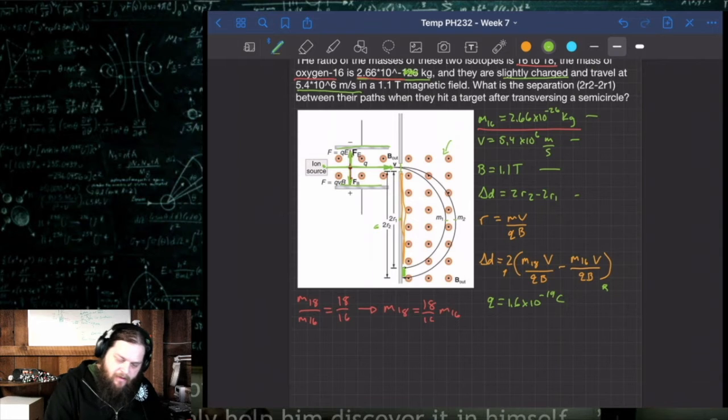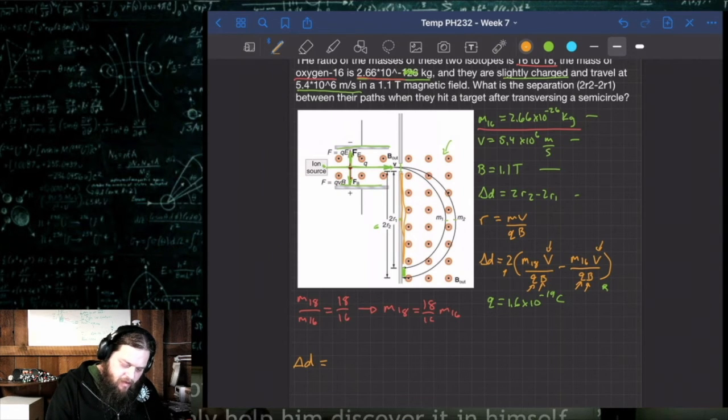I'm going to factor out a few things. Let's write it again below. So delta D is equal to, factoring out the common terms, the velocity is common, the charge is common, the magnetic field is common between all of those.